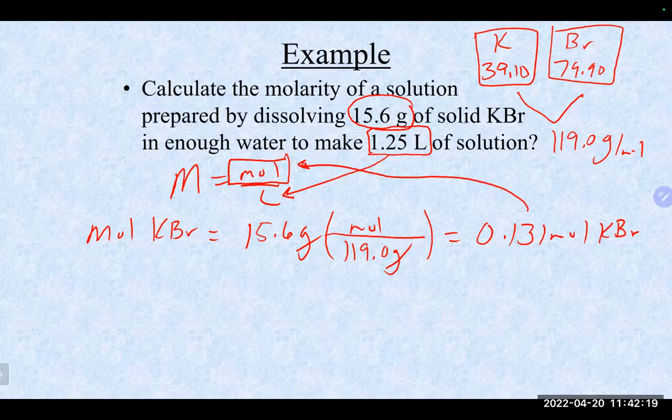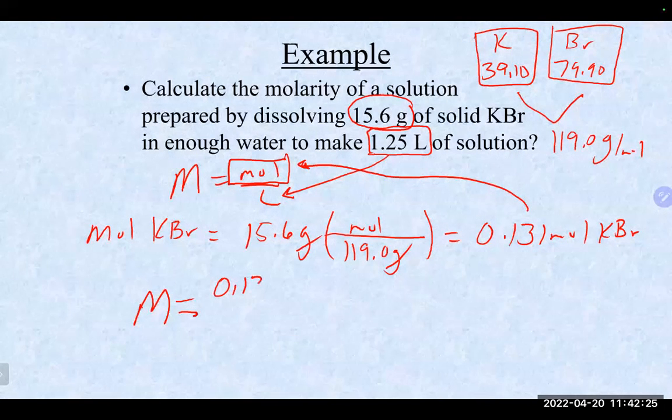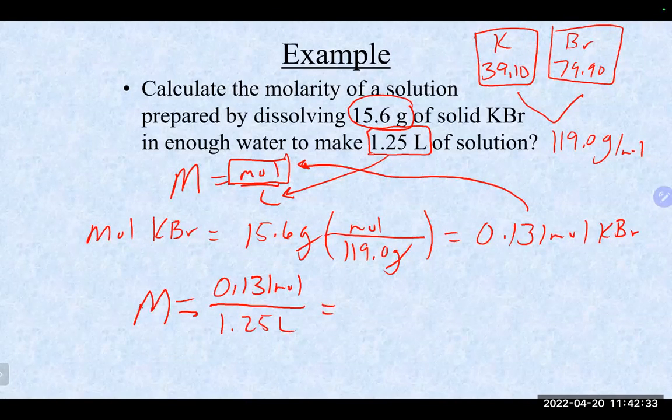Now that we have both, we could actually just put it into that formula. The molarity would be our 0.131 moles divided by our 1.25 liters. And if we do that, we will end up with 0.105.